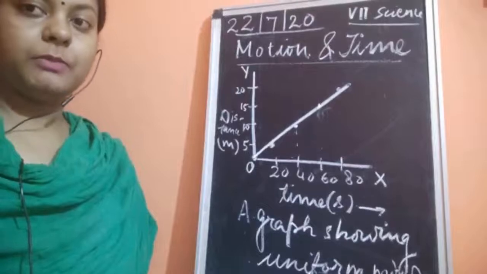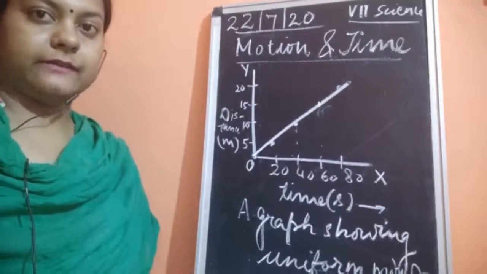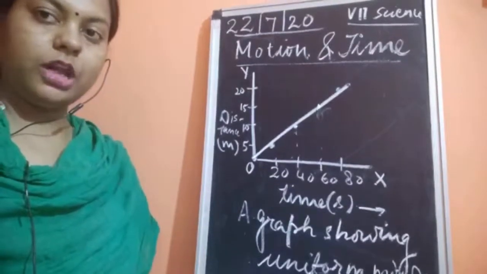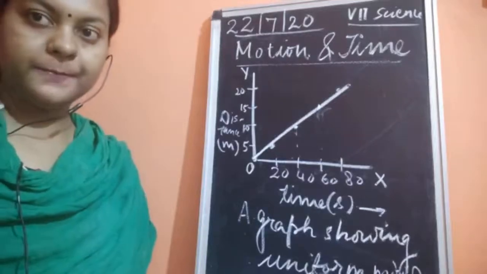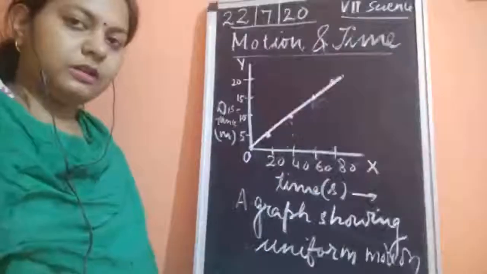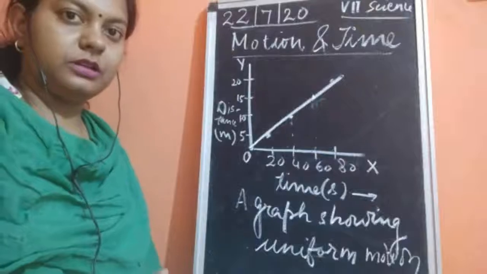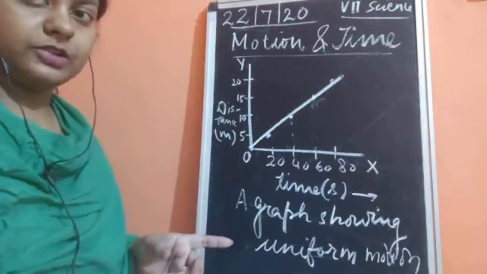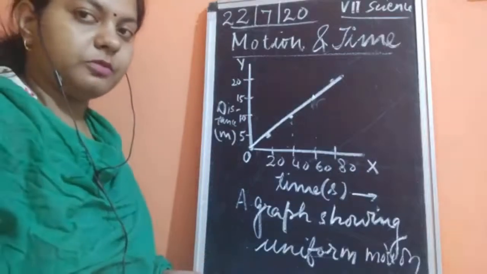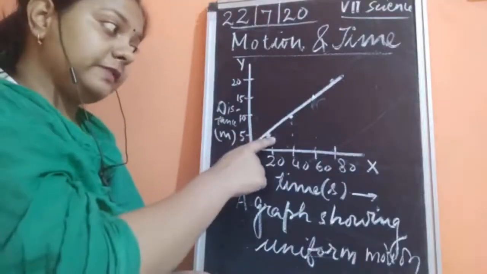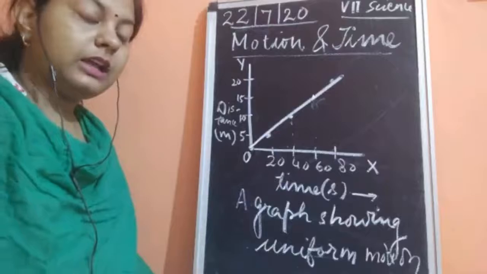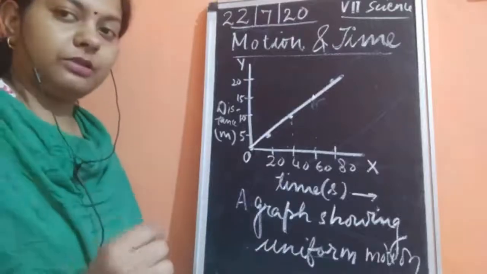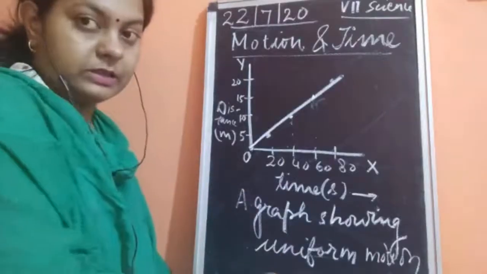Now I'll come up with the next graph, that is the graph on non-uniform motion. I'll tell you about the non-uniform motion graph now. We have discussed the graph that shows the uniform motion, and the speed which we will take out by using this data is going to tell you about the uniform speed.